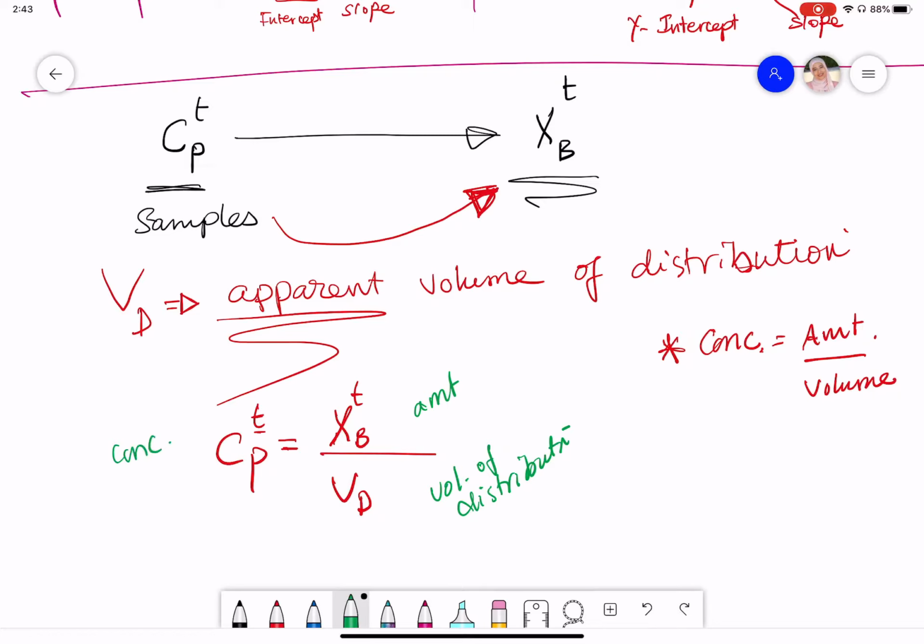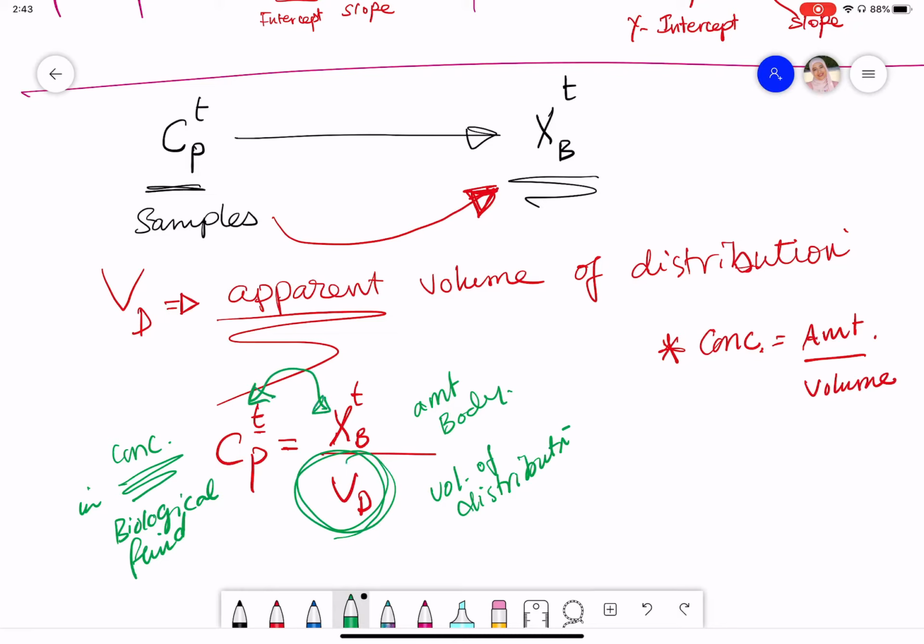Again, amount, volume of distribution, concentration. But the difference is that this is the concentration measured in the biological fluid, and in our case it's plasma, and amount in the body. So the volume of distribution helped us to have this relationship to be able to know the amount in the body at a certain time.